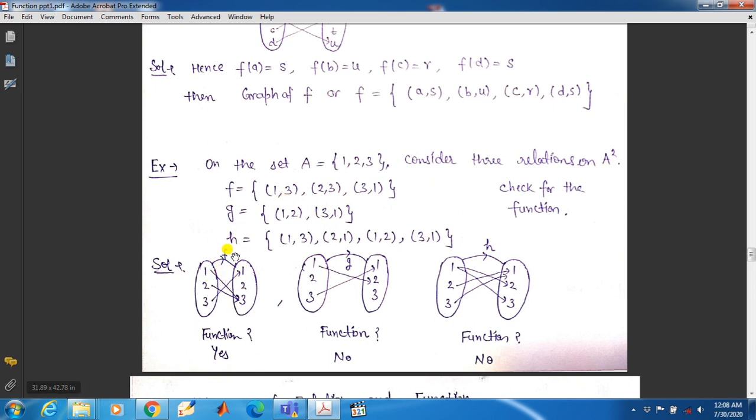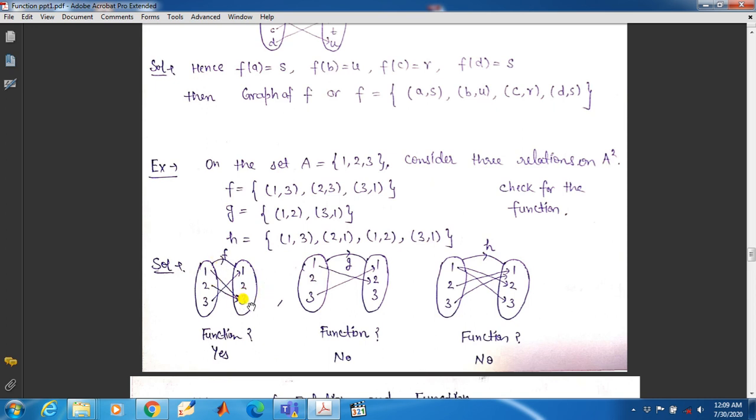First, represent the terms by graphs. For the first one, as you know, it is A squared, that means we are mapping A to A. So f is a function from A to A, and the terms for f are: 1 is mapped to 3, 2 is mapped to 3 and 3 is mapped to 1. Is it a function?